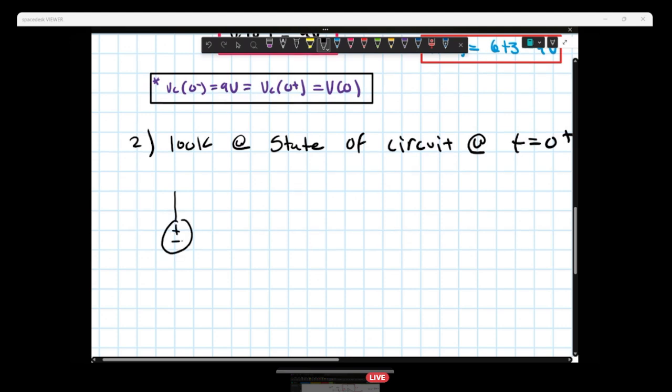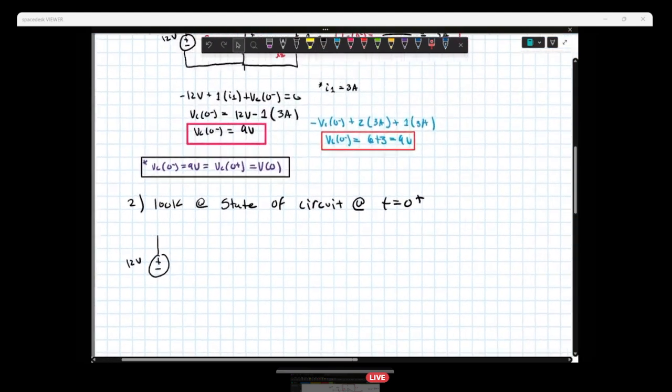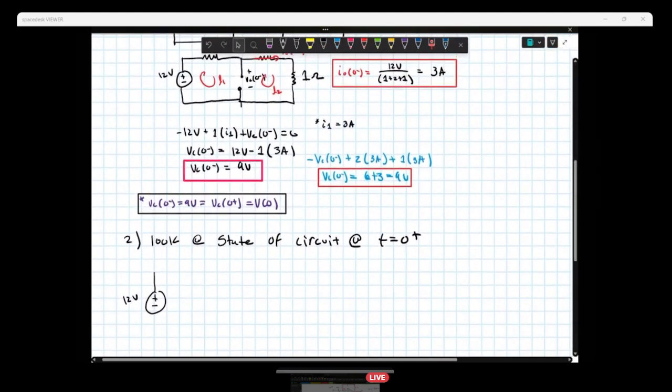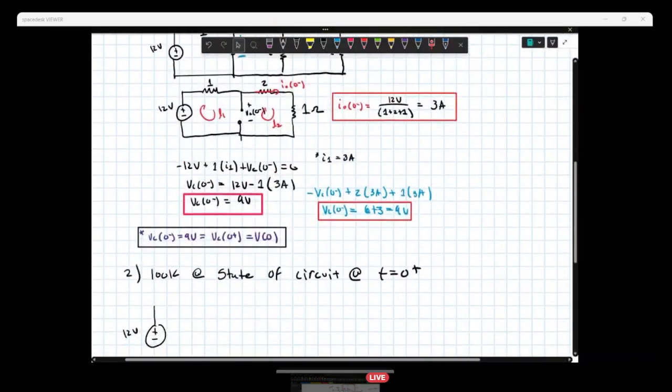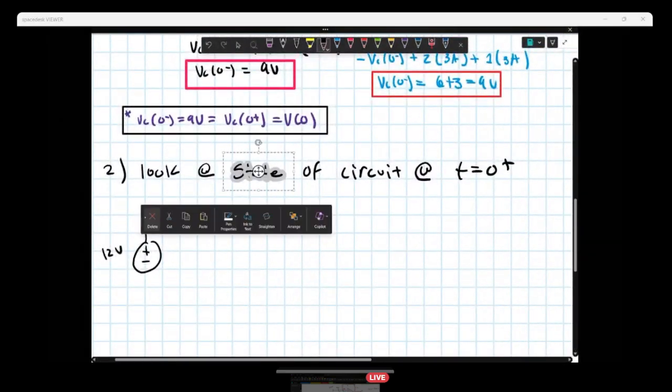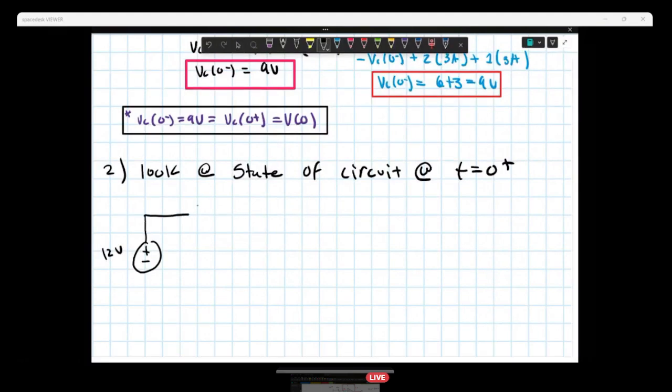12 volts. I kind of forgot, what is it? It's 1 capacitor and then 3. I'm going to write the capacitor like this for now. This is 1.